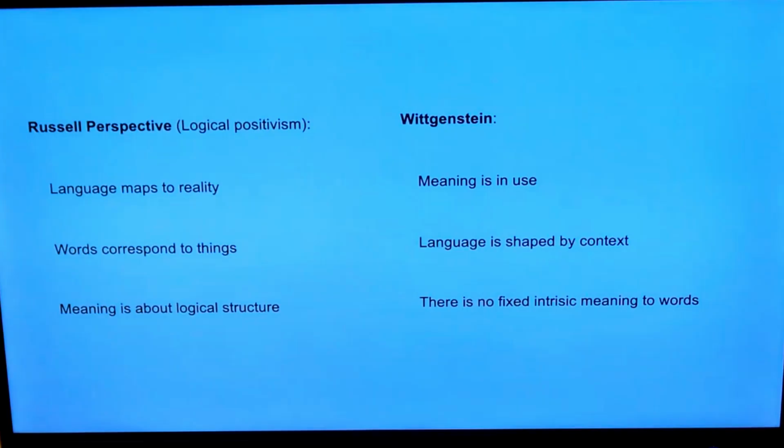But no, it's actually Wittgenstein. That's closer to the concept that we have in large language models today, because large language models are trained on real language. They read websites, they read language that people have used. So it's not logical. A cat isn't just a cat. A cat is a myriad of different things to a large language model.